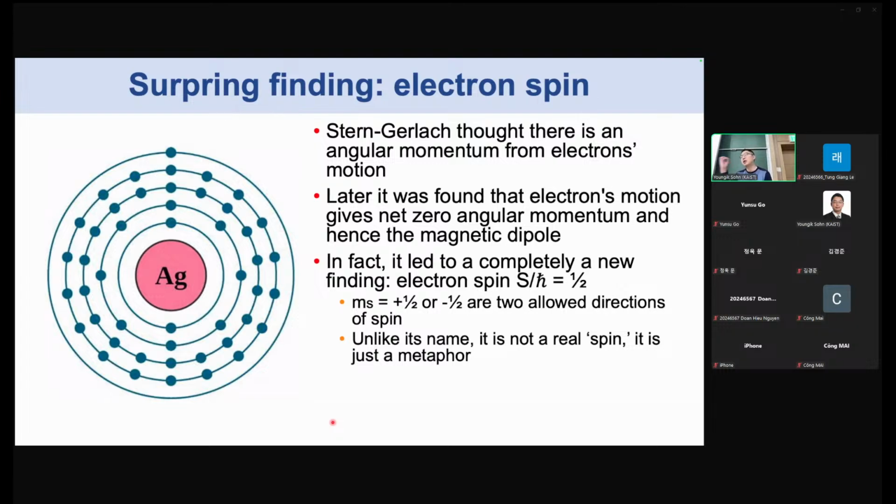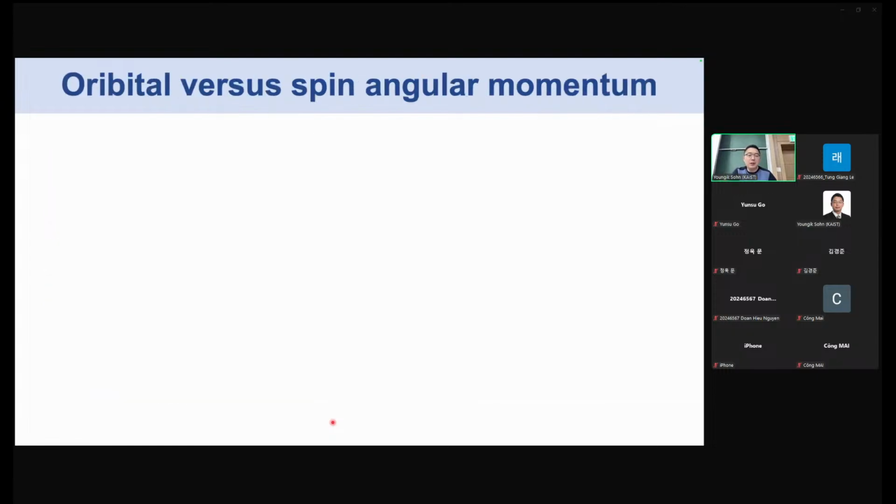So they thought, okay, electron orbital is not giving you anything, but still it's behaving like a magnet. It's a charged particle. Then what kind of rotation is happening? They thought, maybe just think of it as the electron spinning like this, okay? Then in the classical picture, it makes sense that it's giving you a magnet. All right, but the electron itself is not really spinning, okay?